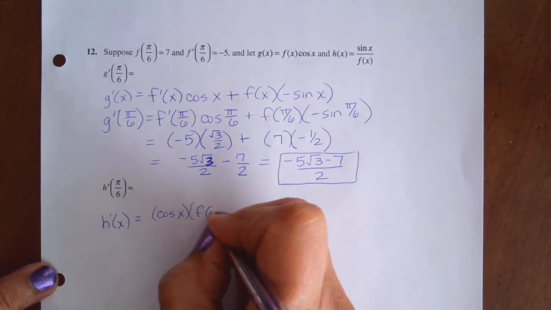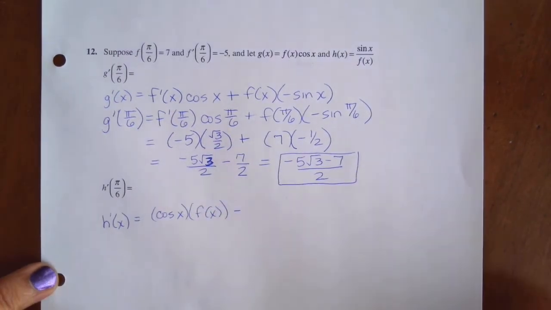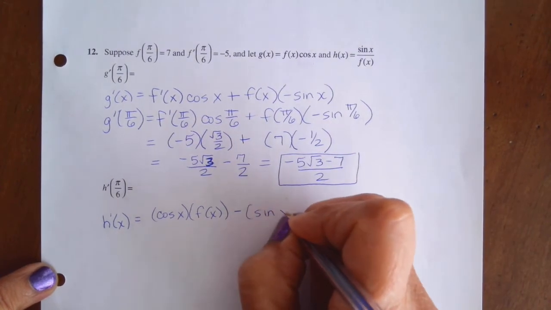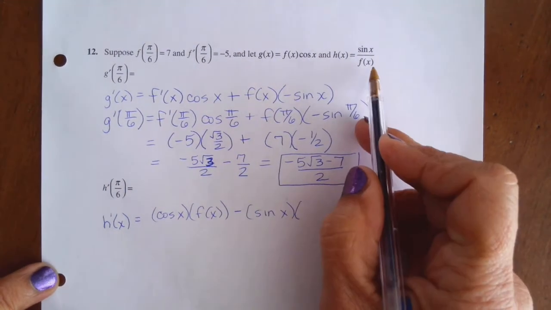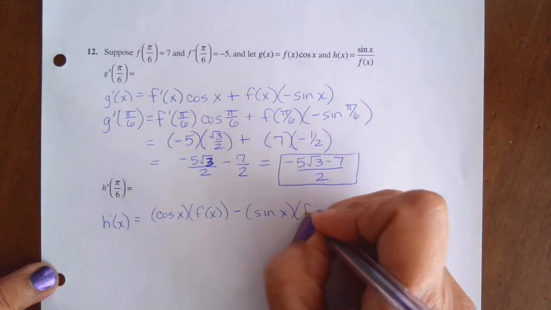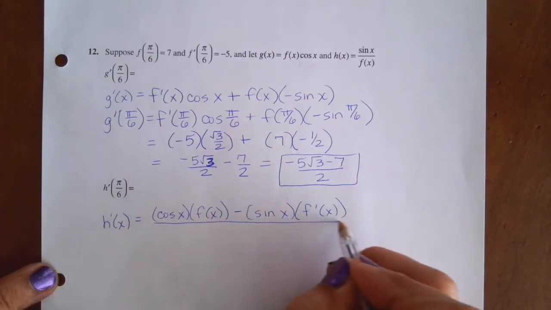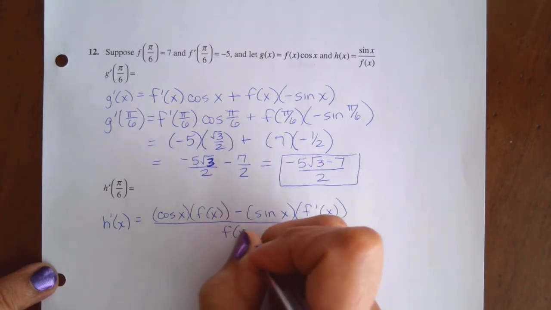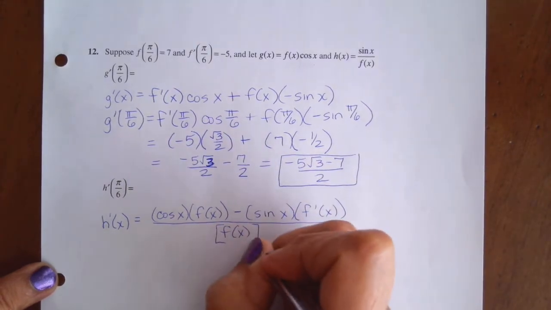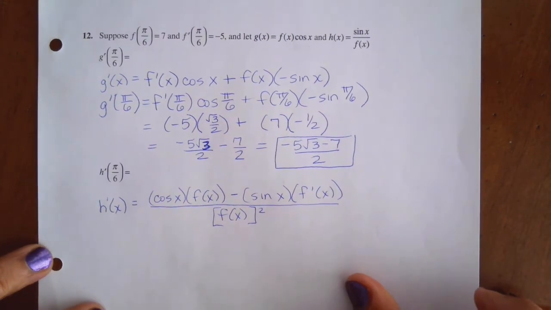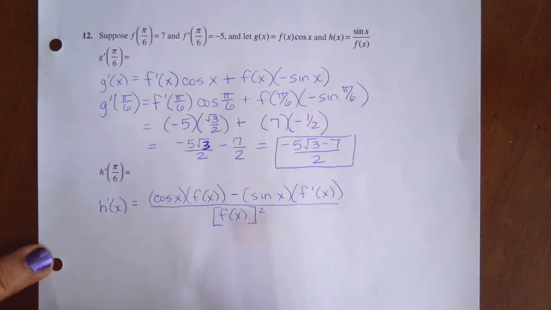Bottom's just f of x, minus the top function, sine of x, times the derivative of the bottom. So since that's just f of x, we would just write f prime of x. And don't forget, all over the bottom squared. Okay? All right, so there's the quotient rule.